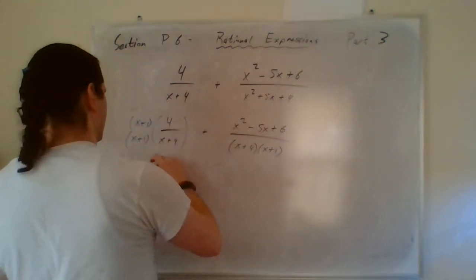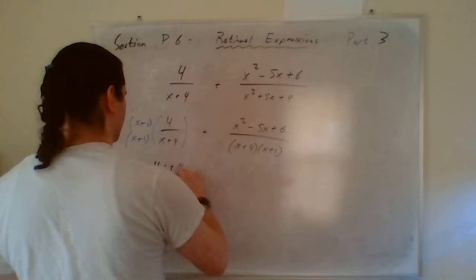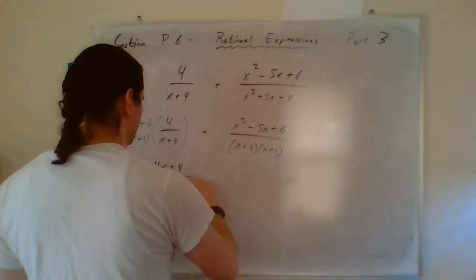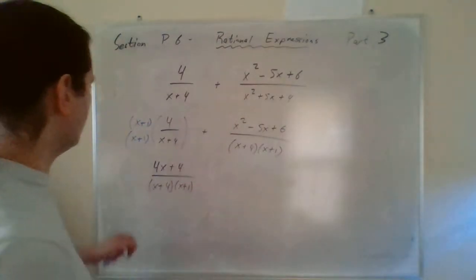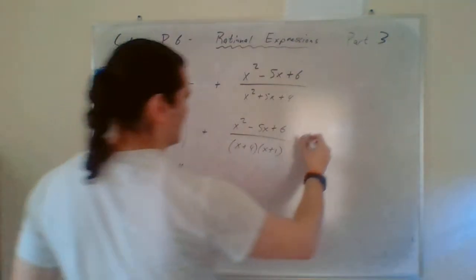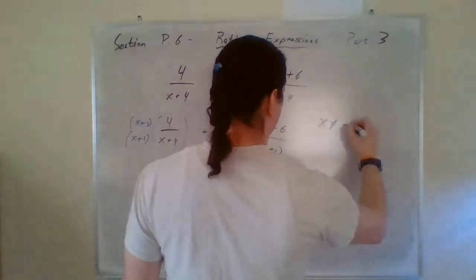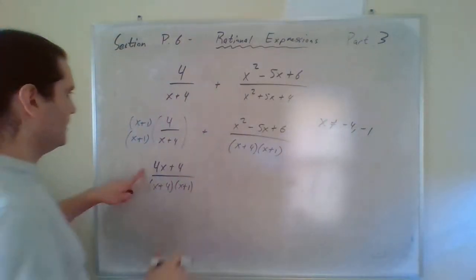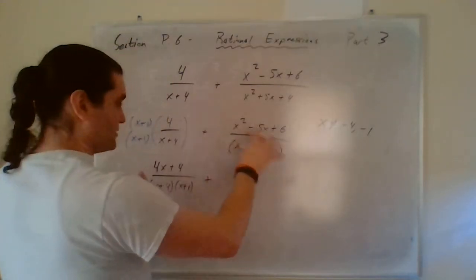This is going to turn into a 4x plus 4 over x plus 4 and x plus 1. Oh, before we change too much, let's not forget about our domain restrictions. X can't be negative 4 and negative 1. We'll keep those handy. This part doesn't need to change at all.